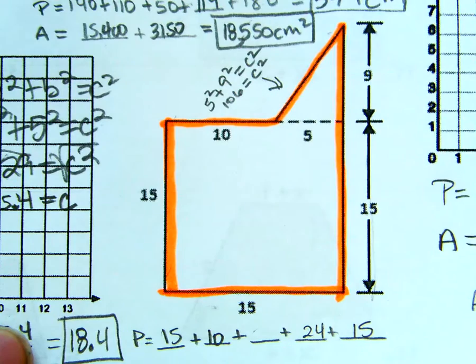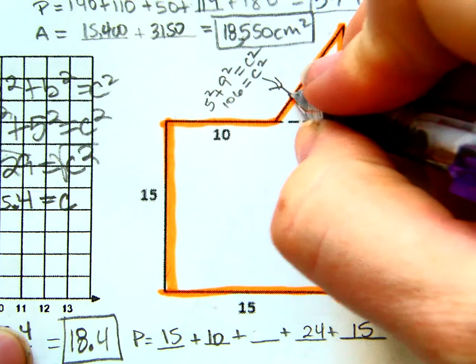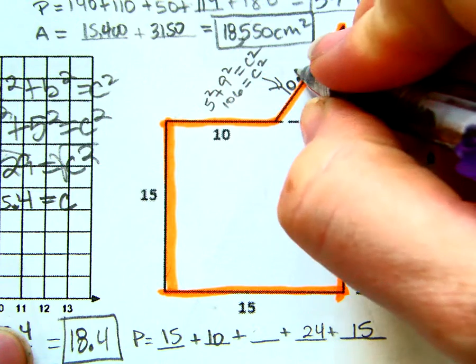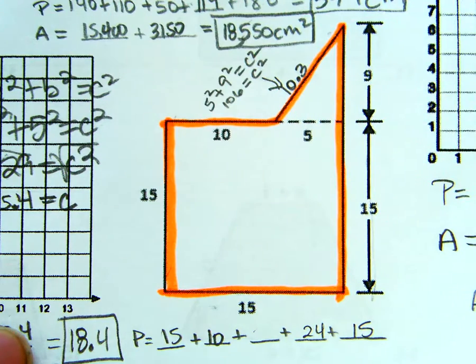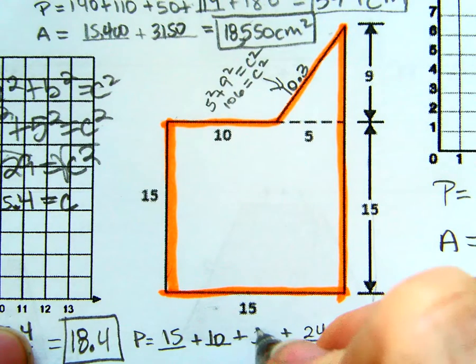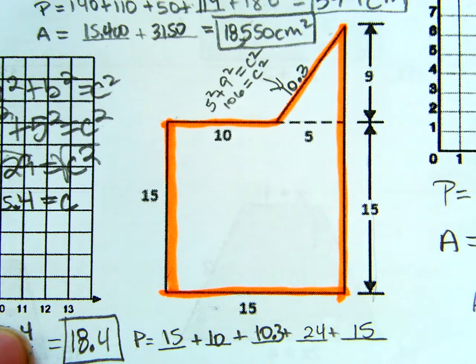And then we take the square root of that, and we end up with this side length being approximately, excuse me, 10.3 is what it looks like. So the missing piece of the perimeter there is 10.3. So I'm going to add 15 plus 10 plus 10.3 plus 24 plus 15 to get the perimeter, and that's going to give me 74.3.